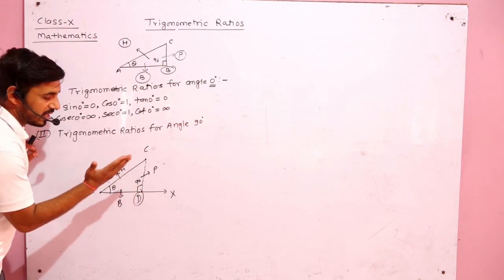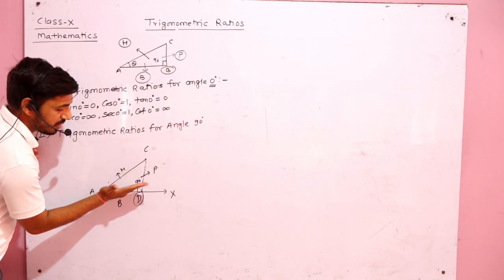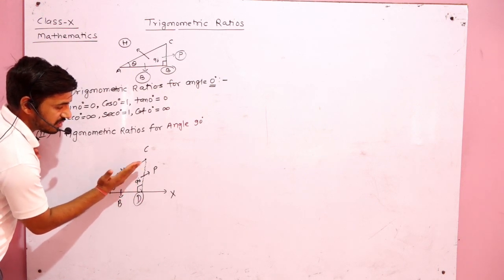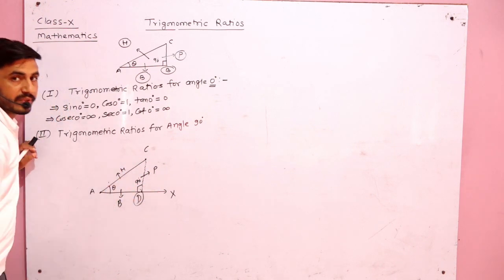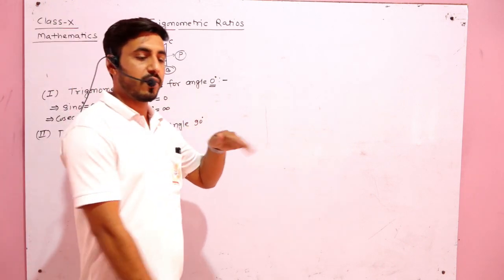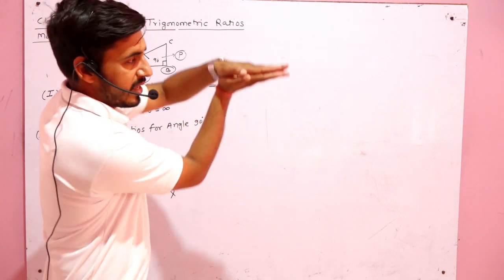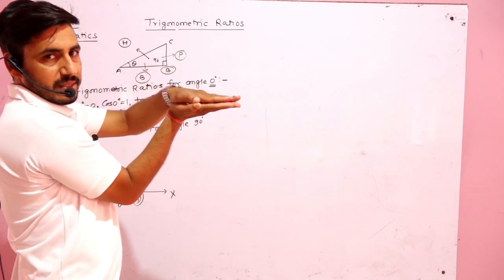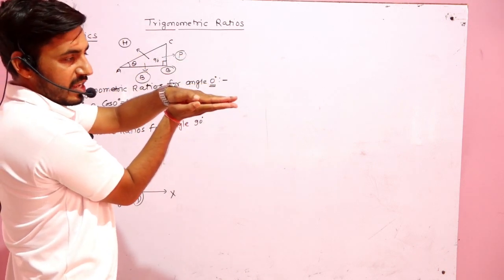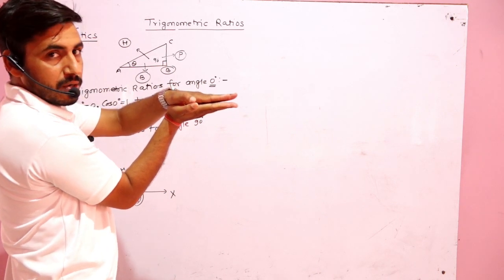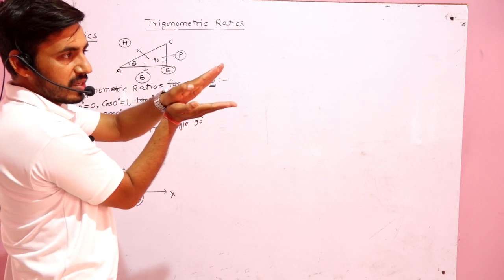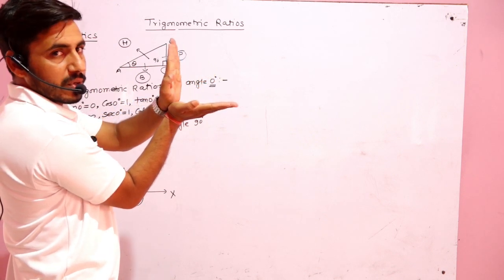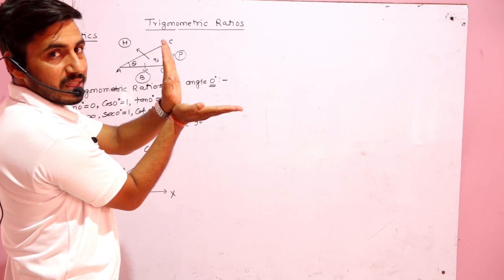First see here, in this condition, first this line is coincident on this line. It means both the lines are coincident. If I am taking this situation and moving this line towards 90 degree, towards the perpendicular, then the condition will be obtained like this.